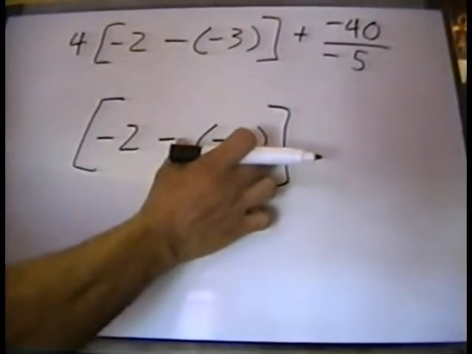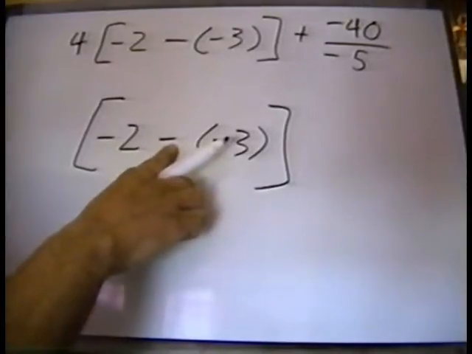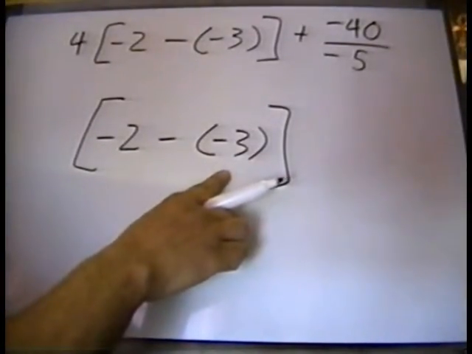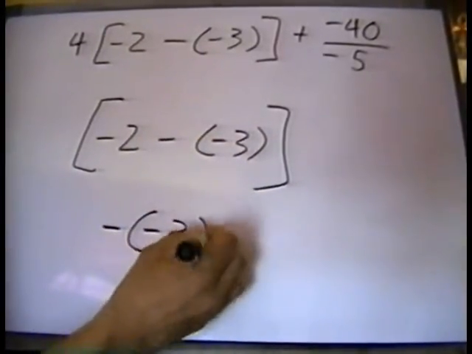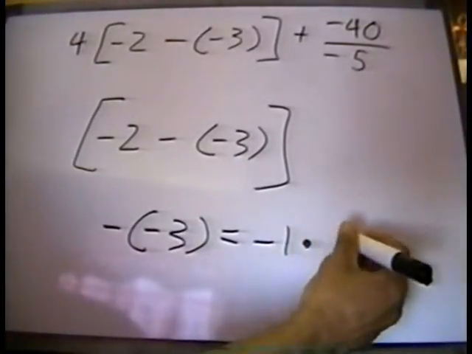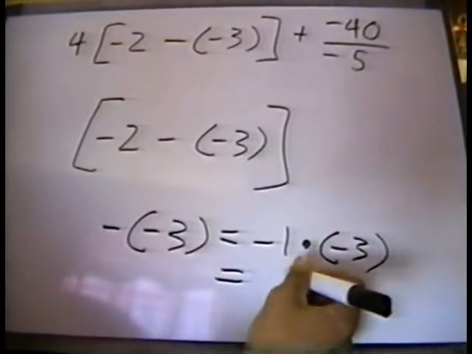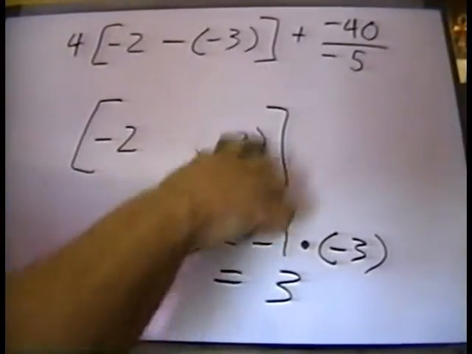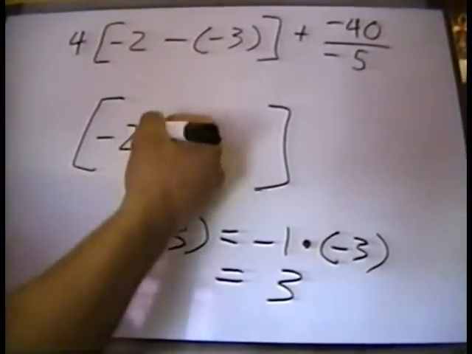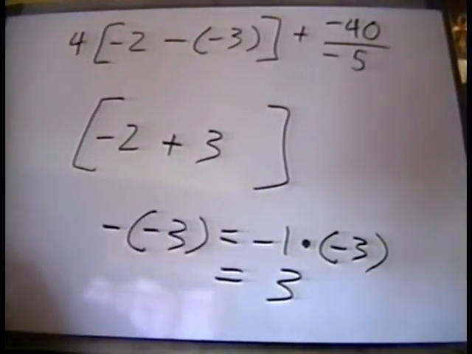So it's telling you to take care of this first. So we have to apply this negative to this negative 3. Now here, when you see a negative number like that, that's equal to negative 1 times that negative 3 in there. And then that becomes a positive 3. Okay? So you get negative 2, so that becomes negative 2 plus 3.